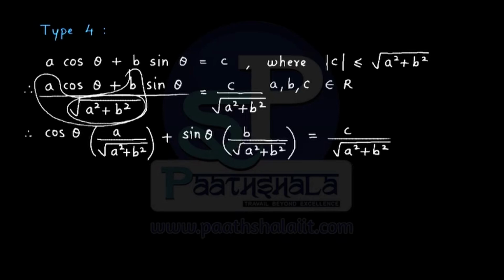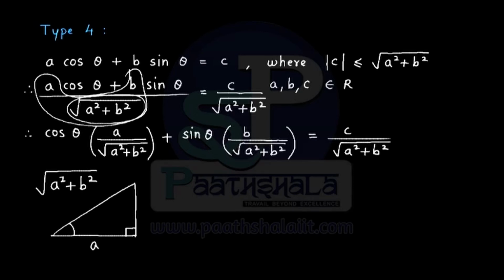Now if we look at this particular quantity, that is a upon root of a square plus b square, let us ask the question, where can this particular quantity come into the picture? So if we look at the term root of a square plus b square carefully, we can imagine that it is nothing but the hypotenuse of some right angle triangle in which a and b are the two perpendicular sides, right?